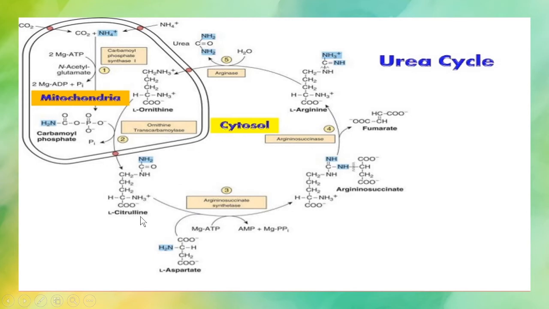Now we see the third step, which is the synthesis of argininosuccinate. In the cytosol, citrulline combines with the amino acid aspartate, forming argininosuccinate, catalyzed by the enzyme argininosuccinate synthetase.